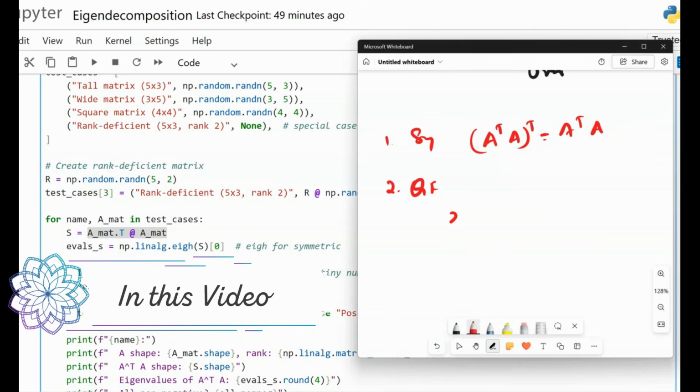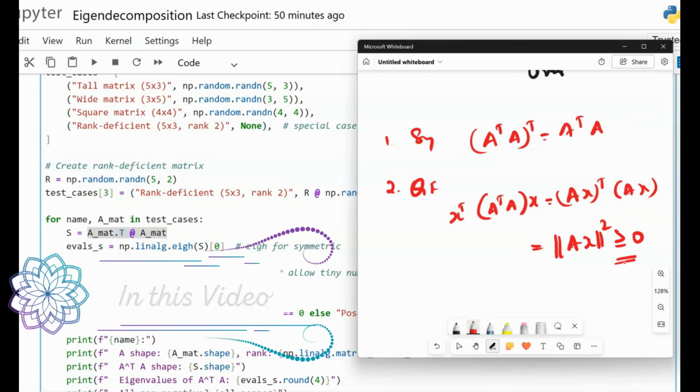So kindly just observe, X transpose multiplied by A transpose multiplied by A whole multiplied by X, which is equal to A multiplied by X whole transpose multiplied by A multiplied by X. So here, the squared norm of A multiplied by X is greater than or equal to 0. So this immediately implies all eigenvalues are non-negative.